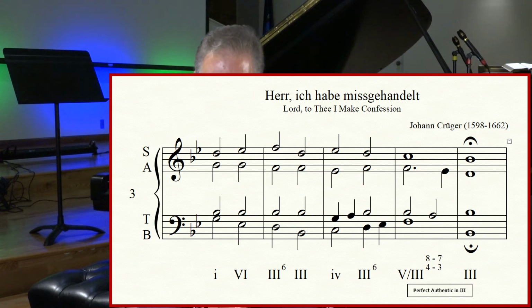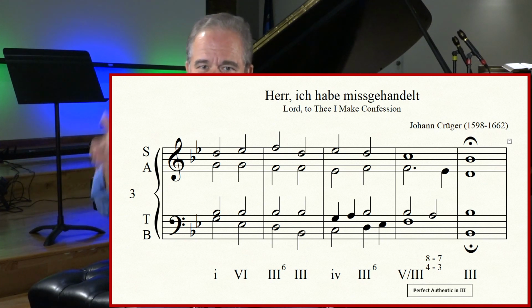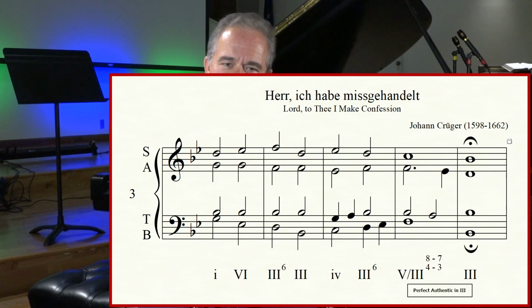We look at it and say, yes, it's perfect because the B flat, the root of the last chord, is also present in the soprano, not just the bass, right? And when that happens, we're talking about a perfect authentic cadence. So the entire label for this is perfect authentic in III, meaning in the relative major of G minor, which is B flat major. I hope you guys understand this.